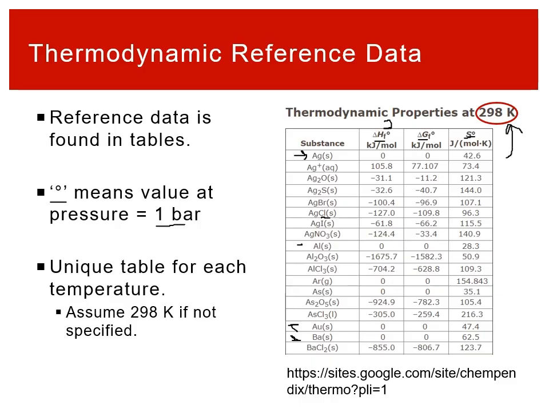If you were doing chemistry at a different temperature, you would need to get a different table. 298 K is 25 degrees Celsius. So we're going to assume that everything's happening at room temperature. Even our lab at Lee is usually at about 20 or 21 Celsius. It's usually very cold in there. But still, the answers you're going to get from an analysis like this are still going to be pretty good, even if you assume it's 25 degrees Celsius.